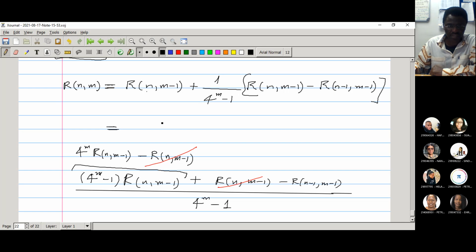Which gives us the simple formula, which is in fact a weighted sum, right? 4 to the m into R n, m minus 1, minus 1 into R n minus 1, m minus 1.